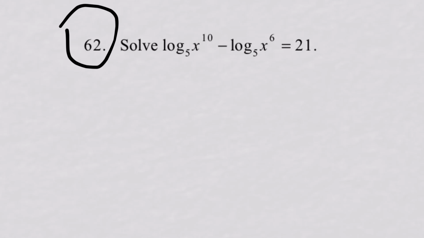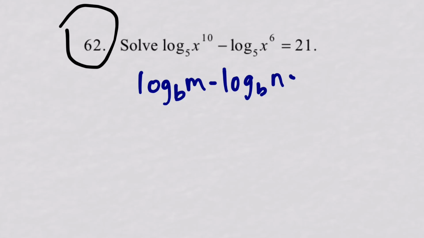But what I'm going to do is use the quotient property, which says that if I subtract two logarithms with the same base, I can put them together by dividing these two things, right? I'm going to write that property again. Log base b of m minus log base b of n equals log base b of m over n, right?